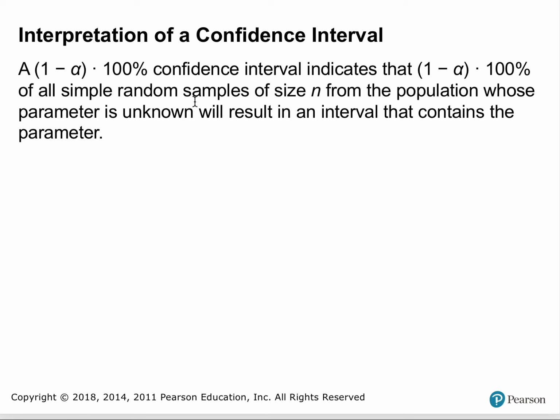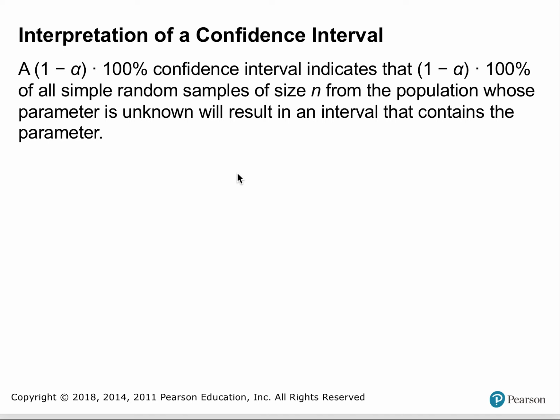Okay, so here's their interpretation. A confidence interval indicates that that percentage of all simple random samples of size n from the population whose parameter is unknown will result in an interval that contains the parameter. So a 90%, I can't stress this enough.